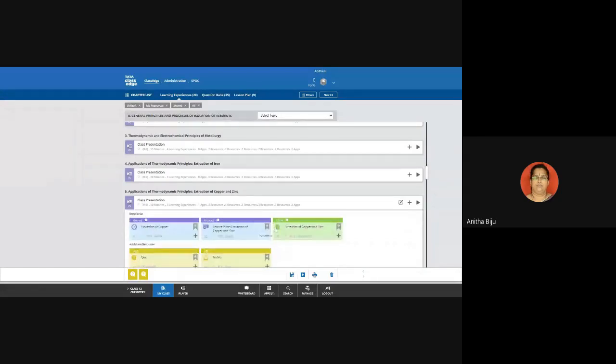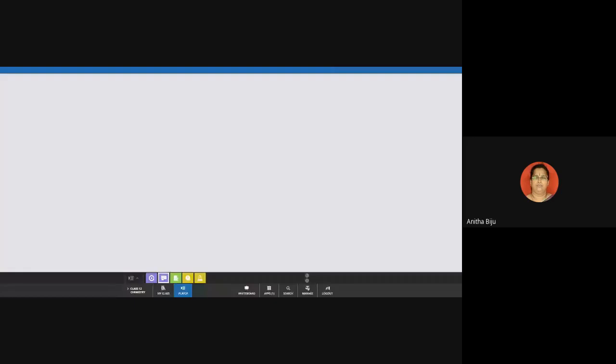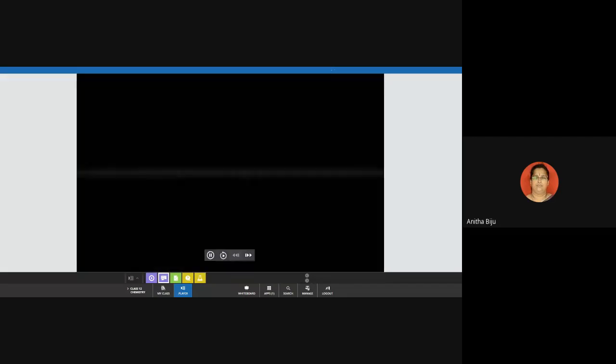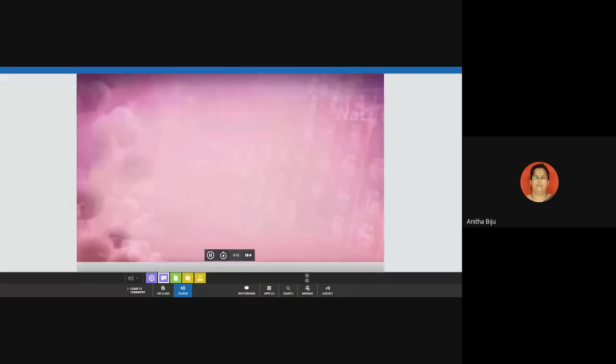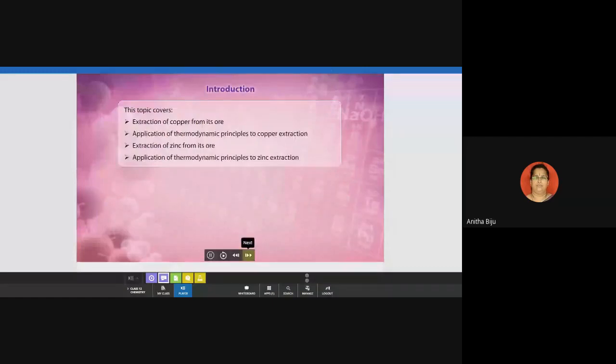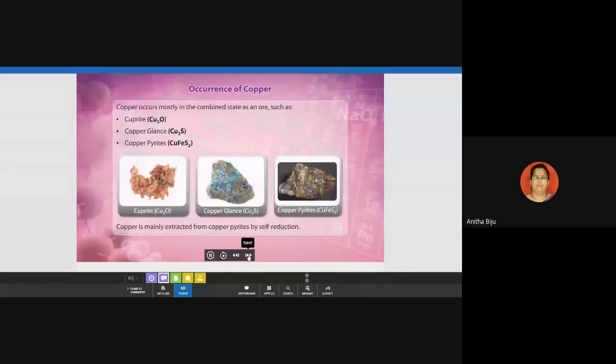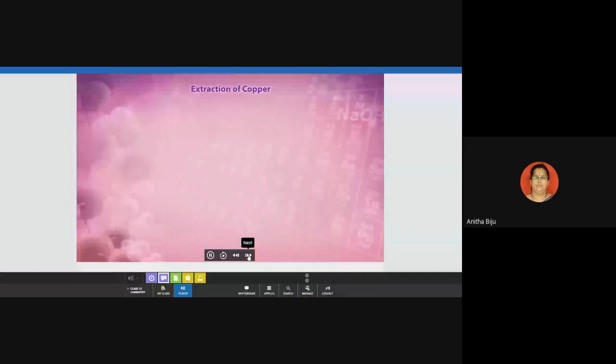So today we'll discuss extraction of zinc. This is simply slides. This we have seen yesterday, so we don't want this.